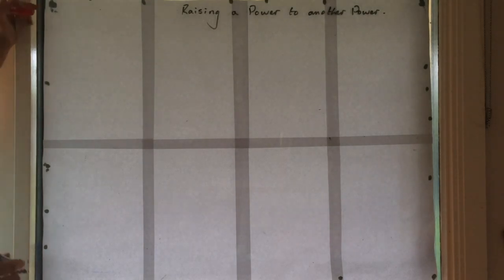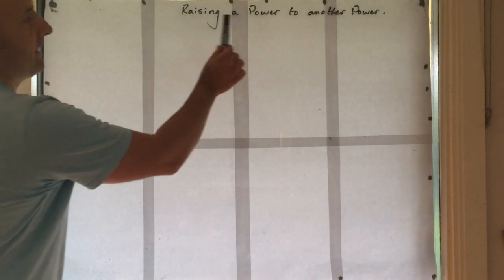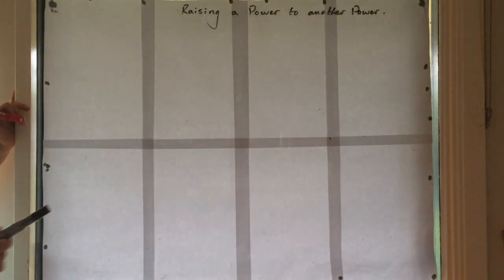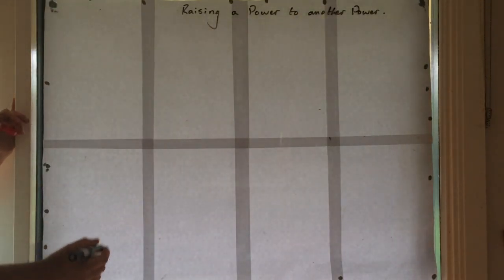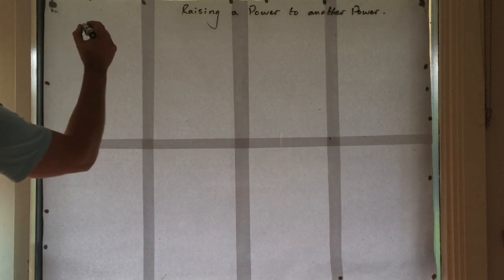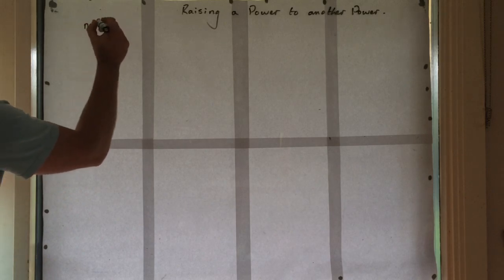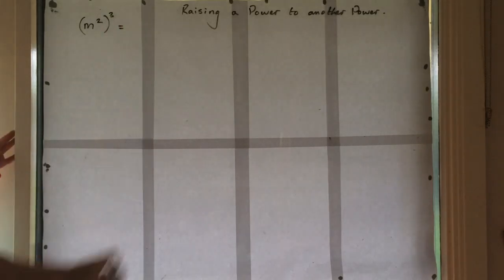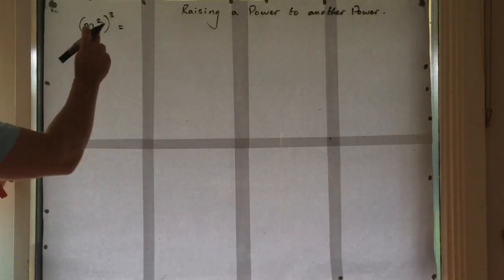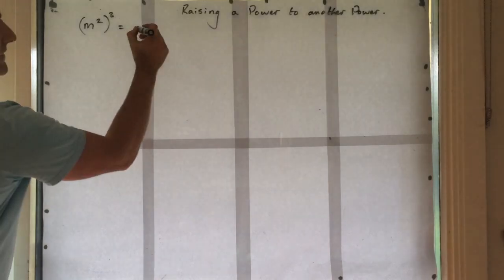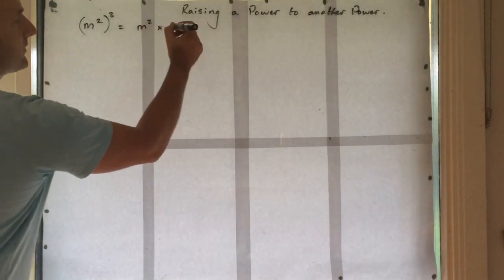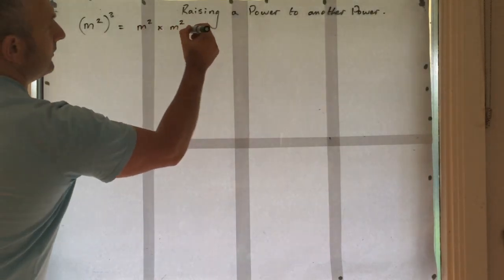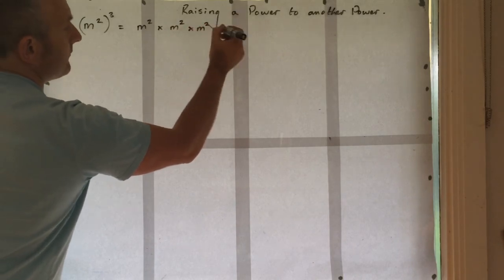So what we're going to do is talk about raising a power to another power with laws of indices. So if, for example, I write m squared to the power of 3, well, that is m squared times m squared times m squared.